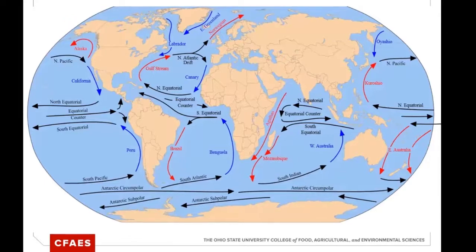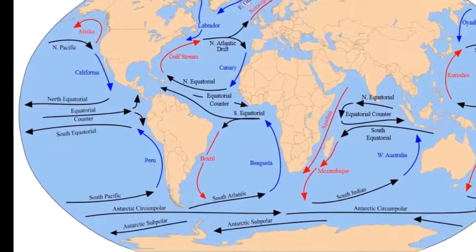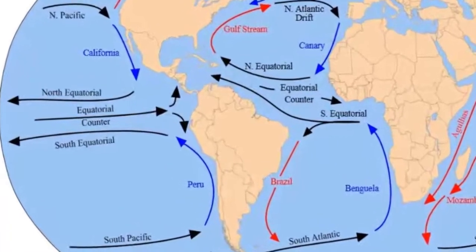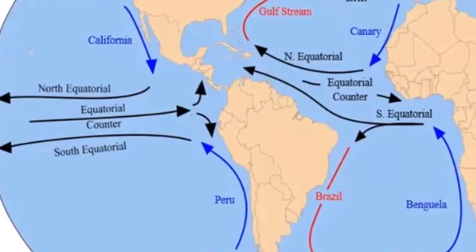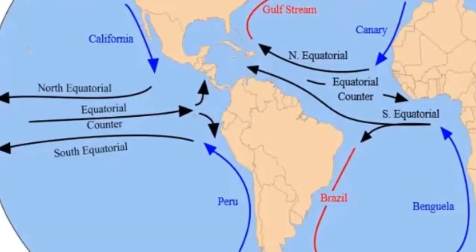If you go down and look near the equator, you'll see equatorial currents. There's a north equatorial current that tends to flow from east to west. There's a south equatorial current that does the same thing.